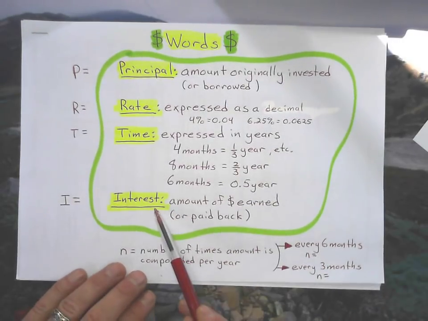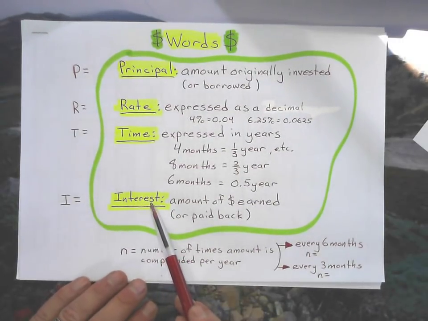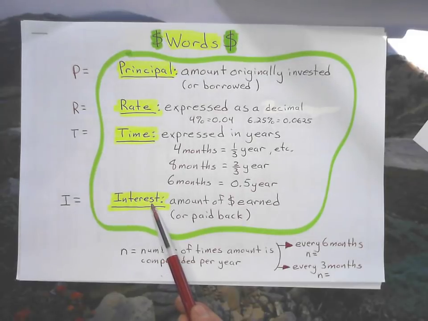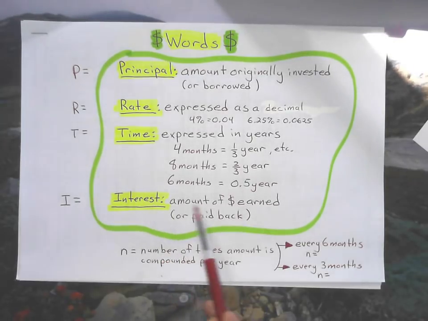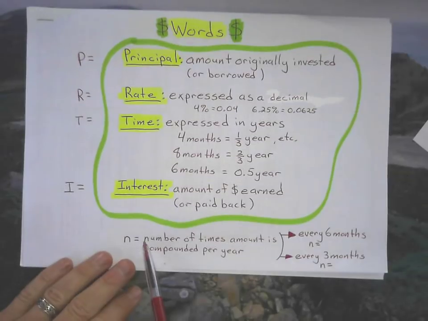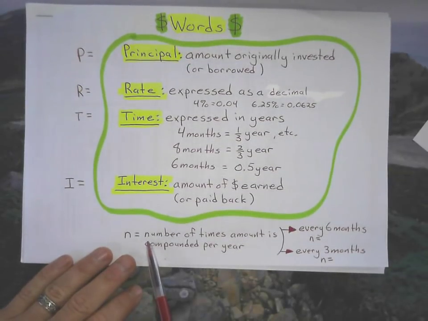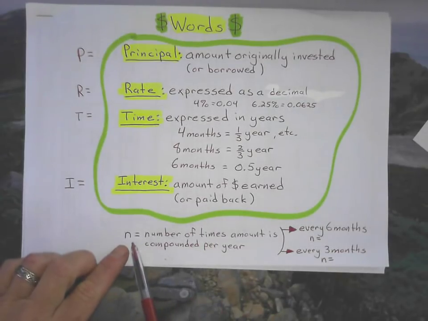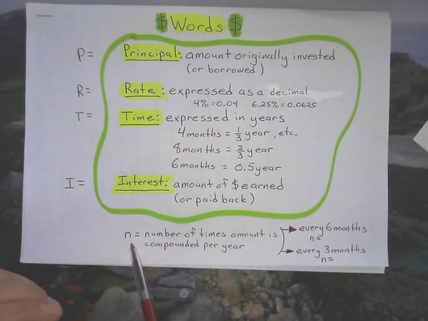Okay? Almost finally, interest is how much money we make or how much we have to pay back the bank. And this one down here, I kept this separate because this doesn't have to do with simple interest, only compound interest. In compound interest, how many times our interest is compounded in 1 year, we're going to represent by n.